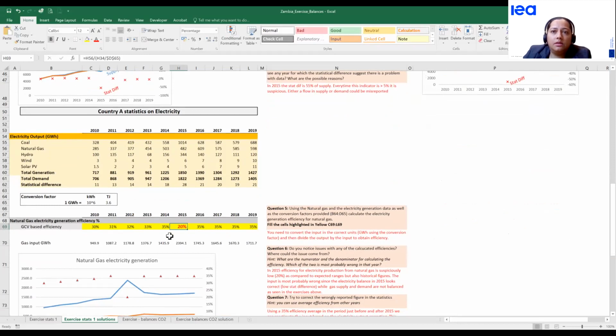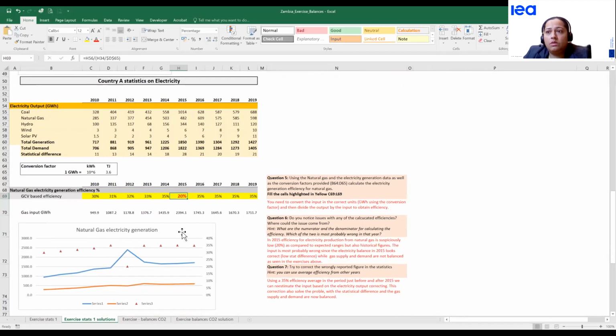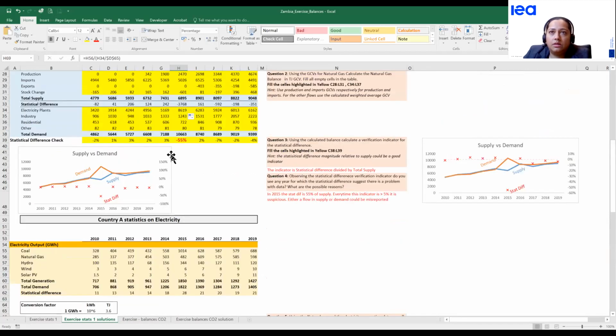And here you see again that in 2015, something weird is happening. You have only 20%, which is very low. It's not within expected efficiency ranges, and most probably something is wrong in the electricity balance, because of this problem again.